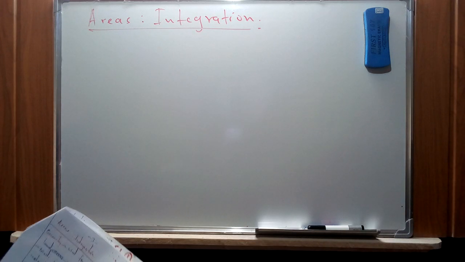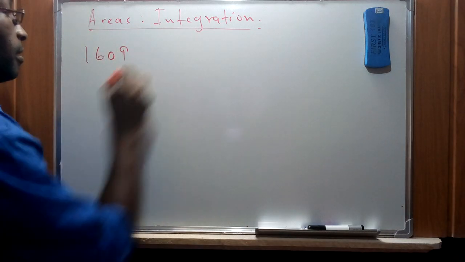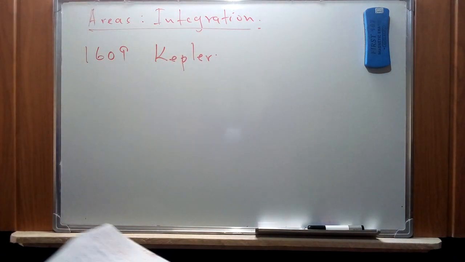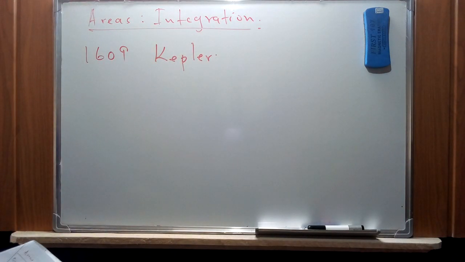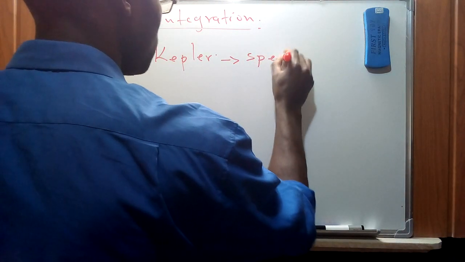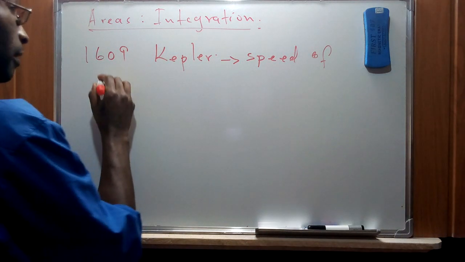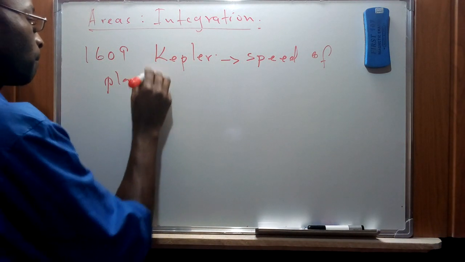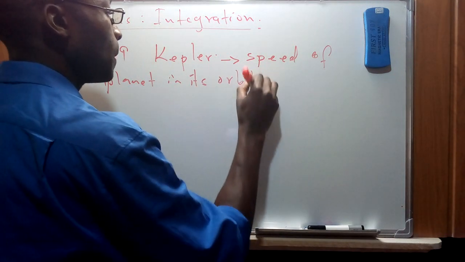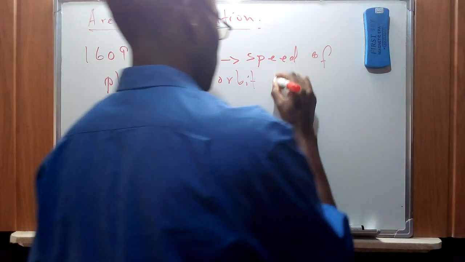In the early 17th century, Johannes Kepler came up with the second law of planetary motion.